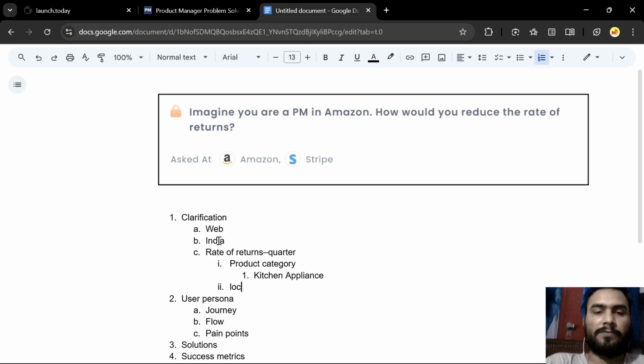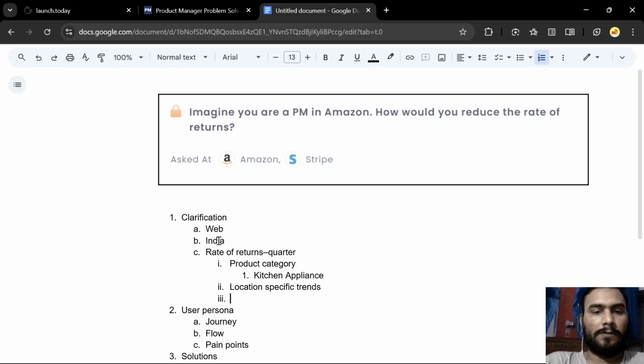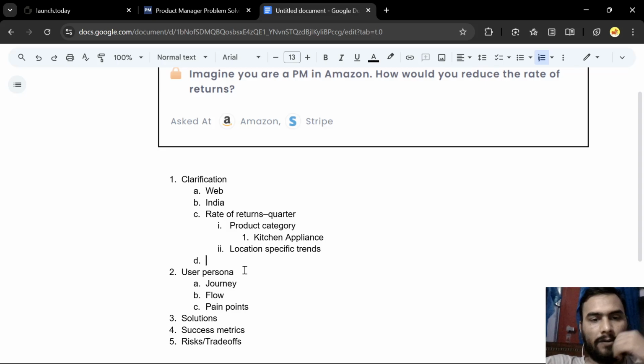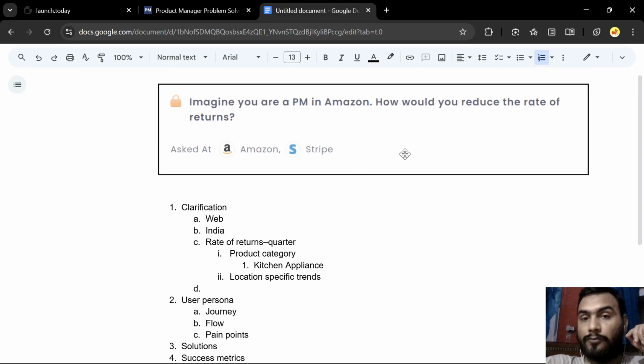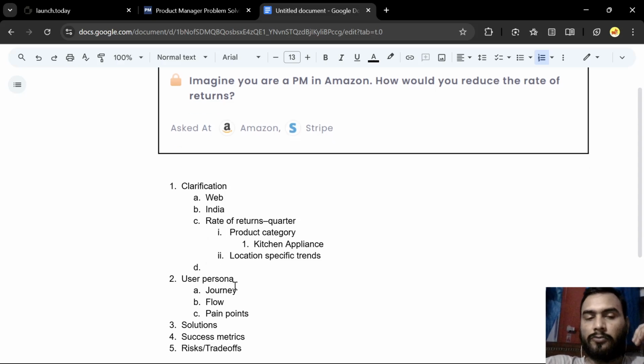Is there a location-specific trend we can see in this, and what other criteria can we think about? And what kind of users are part of this return activity? We will cover this in the user persona in the next stage.